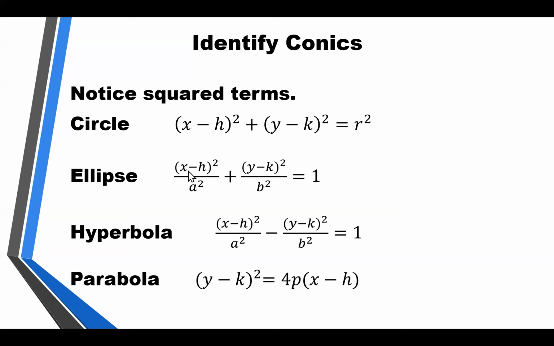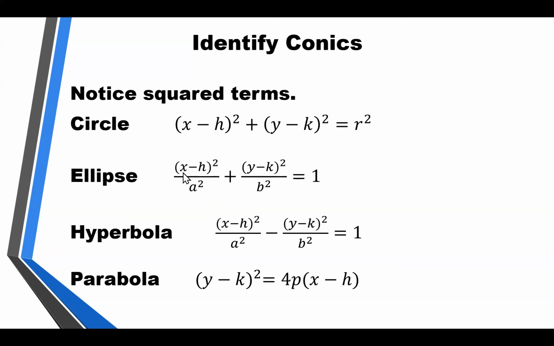The same thing is true for the ellipse, although with different squared terms. If I multiply this out, I get an x squared term over a squared. Here I get a y squared over b squared if I multiply it out. For an equivalent ellipse, I'd multiply both sides of the equation by the same number.